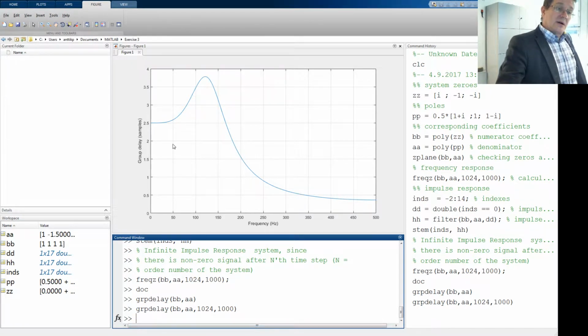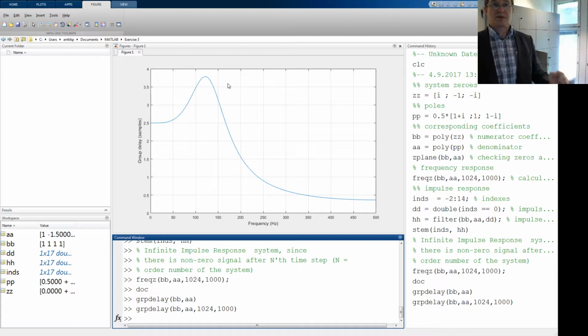So basically, it has 2.5 samples delay at the beginning, then the delay goes higher, and then it goes lower on the stop band. Remember, the pass band was here, so it's fairly good on the group delay for any frequency below, maybe 50 Hertz or so, but then it starts to distort the signal shape.